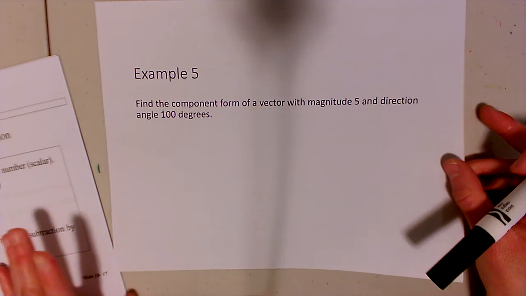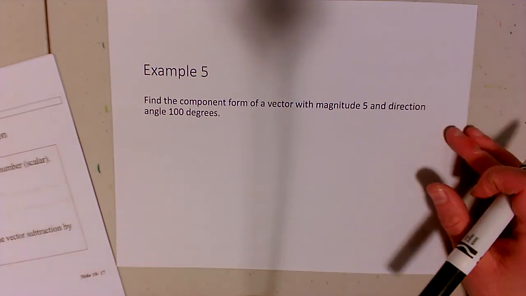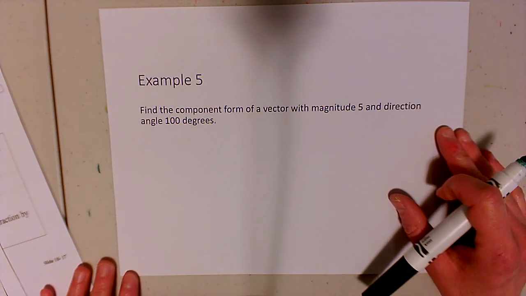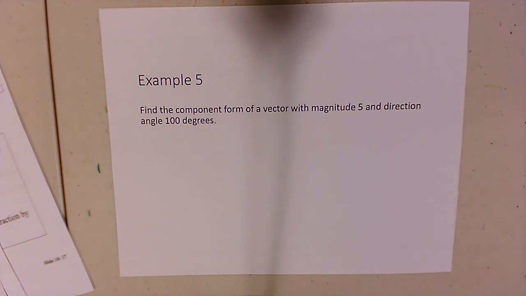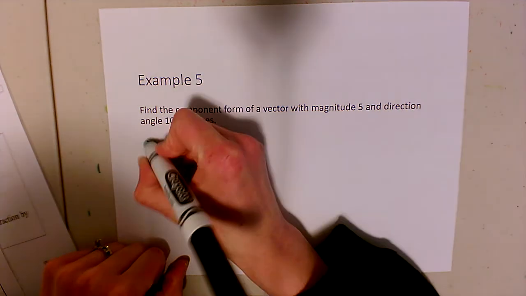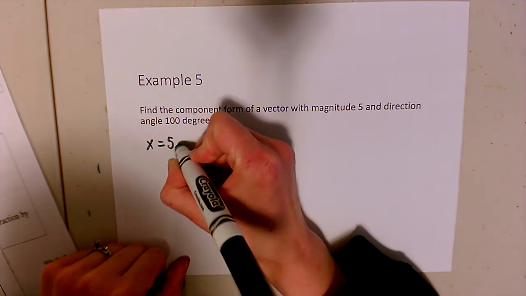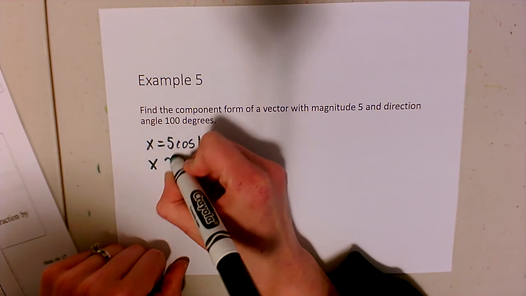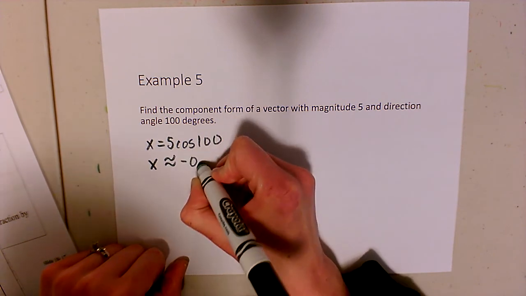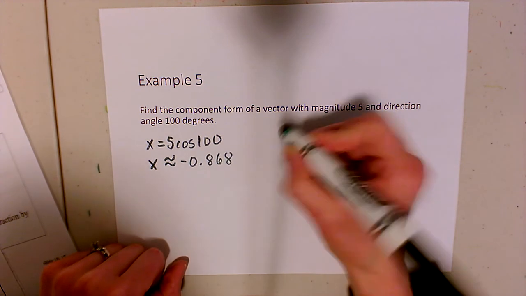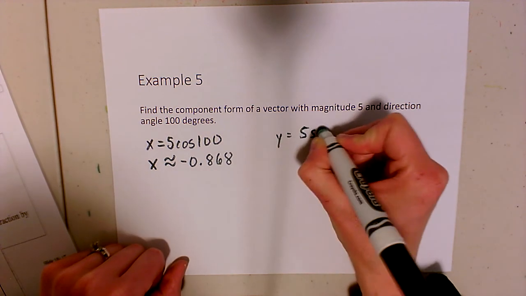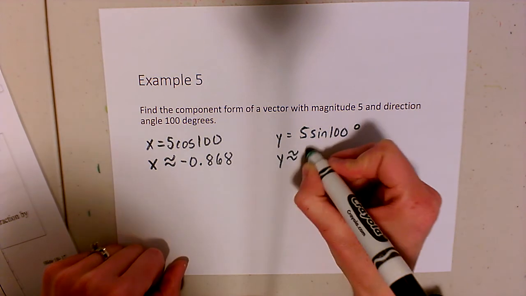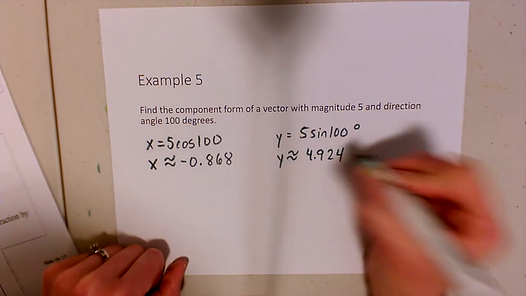Alright, so for example 5, we want to find the component form of a vector with magnitude 5 and direction angle 100 degrees. So again, we can roll through this, and x is going to be 5 cosine 100. We punch that into our calculator, and we get about negative 0.868, and then y is going to be 5 sine 100, and that's about 4.924.